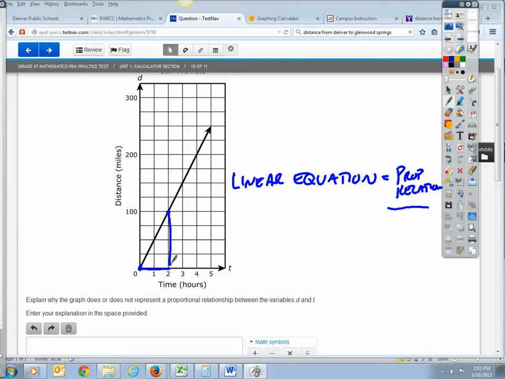So in other words, your graph will always be a line because you're moving at a constant rate. So what I would do is I'd find that slope, that constant of proportionality.